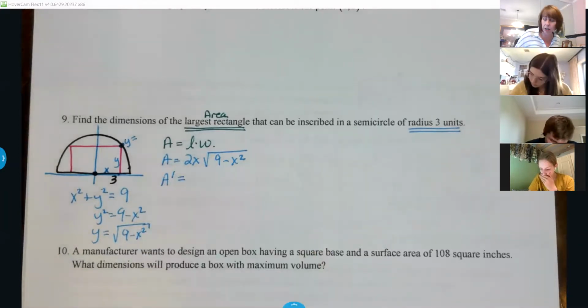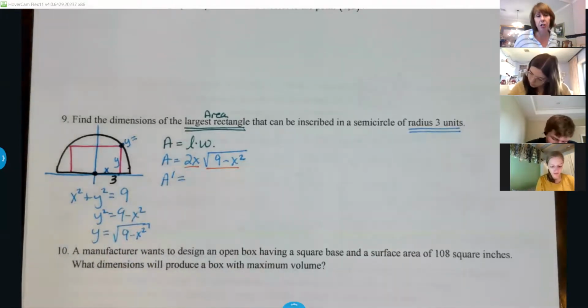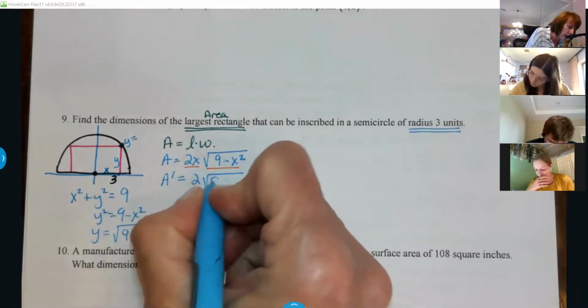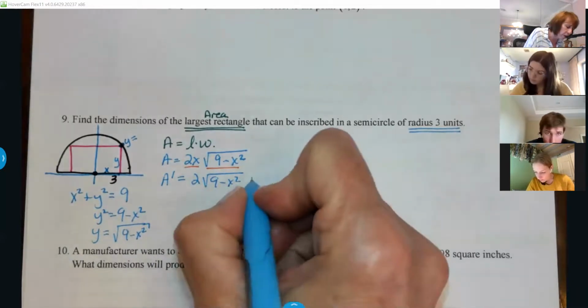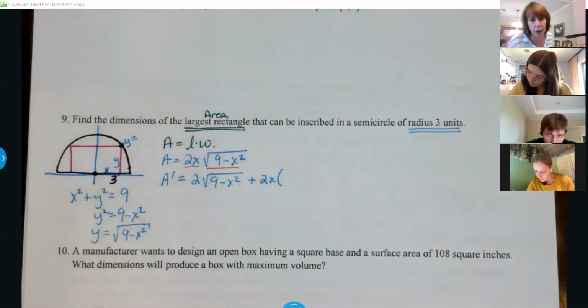So to take this derivative, I'm going to have to use the product rule because I see a product of two functions of x here. So the derivative of 2x is 2. Leave your 9 minus x squared. And now I'm going to leave the 2x alone and multiply by the derivative of the square root of 9 minus x squared.